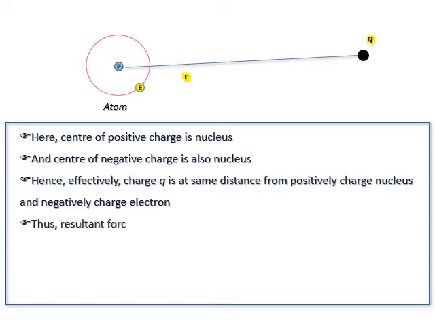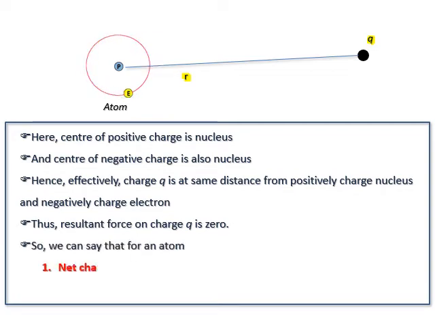Hence the resultant force on q has to be 0. Thus we can say that for an atom the net charge is 0, but not only that, its electric field is also 0.